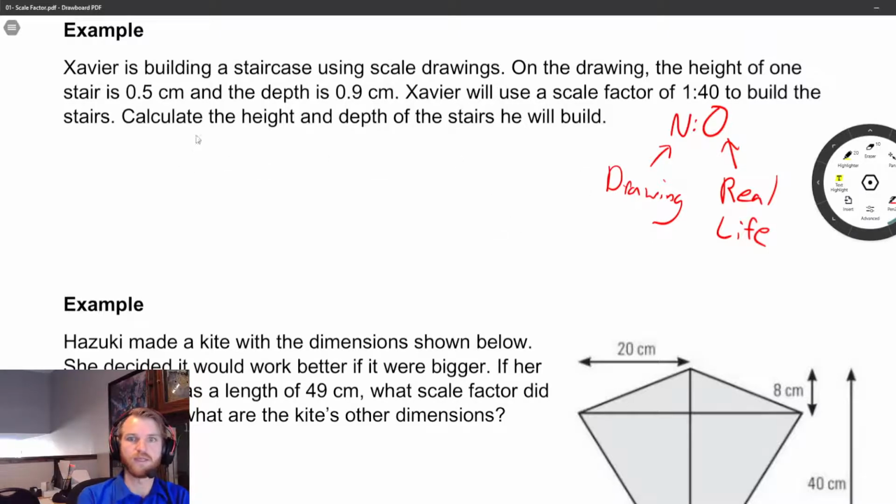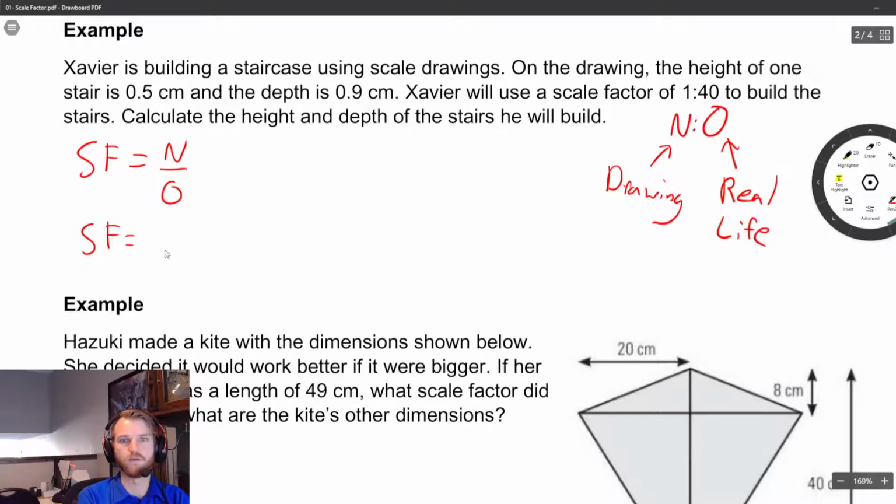So if we want to find the new measurements, we need to multiply our measurements by the scale factor. Actually, we'll get there. First, let's find the scale factor. The scale factor is equal to the new divided by the original. We said the new was 1 and the original is 40.